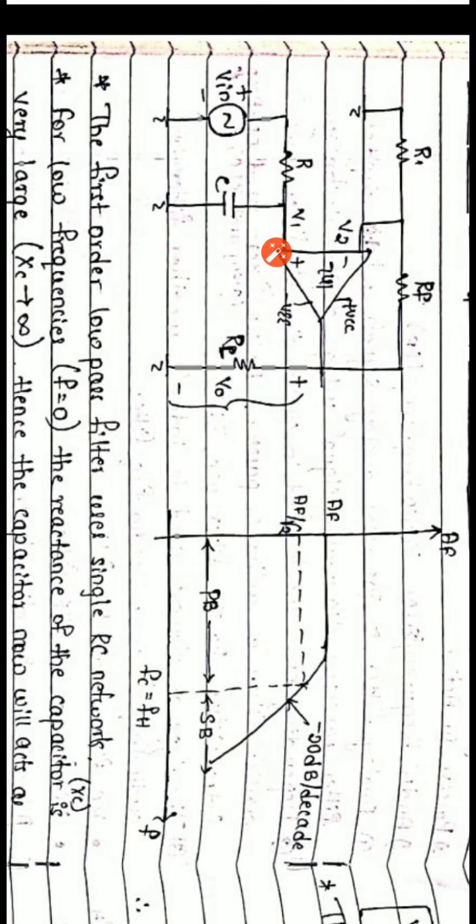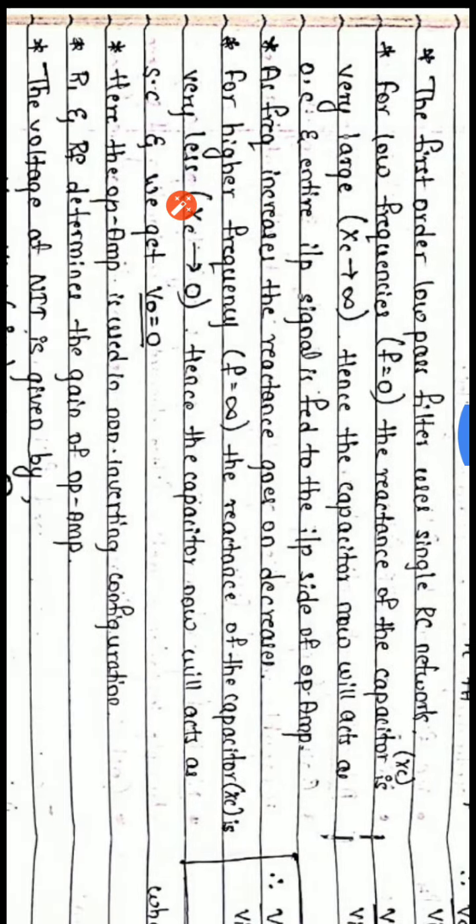So V1 is Vin into the reactance of the capacitor, that is minus jXc, divided by R plus minus jXc. Like the voltage divider rule, where Thevenin's voltage VTH equals VCC into R2 by R1 plus R2, instead of R2 we have here the reactance of the capacitor. The same thing is explained here.